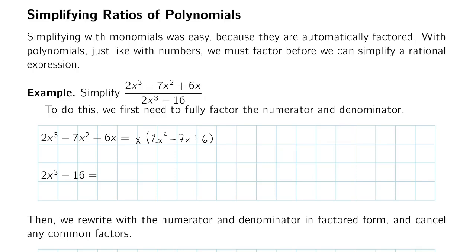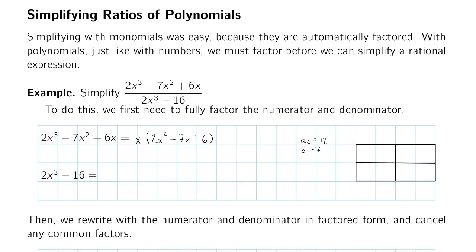Trying to factor this quadratic trinomial further, I think we need to use the AC method. I'm going to just work that off to the side a little bit. We have AC is 12, B is negative 7.